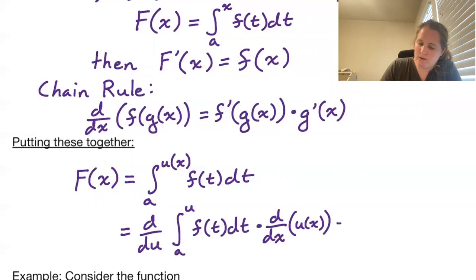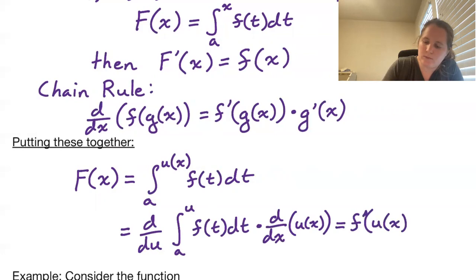Or in other words, that first part is just f evaluated at u of x. Capital F prime evaluated at u is lowercase f evaluated at u of x. And then we multiply it by u prime of x.